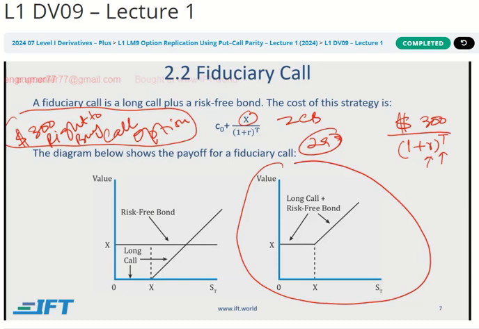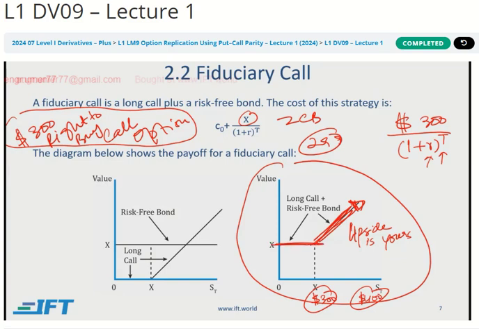Now in terms of the payoff, if Apple shares go above 300, let's say they go up to 400, and you have this call option which gives you the right to buy at 300, so you will buy at 300 and sell at 400, so you've got the upside, just like with the protective put. Since you had the shares, you had the upside, and here you have a call option, so here also the upside is yours.